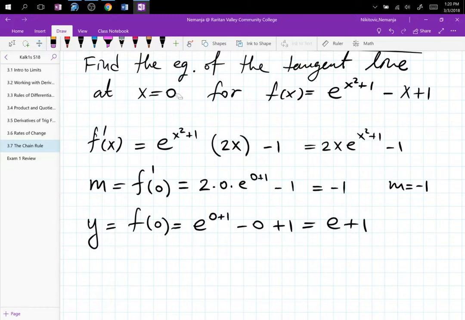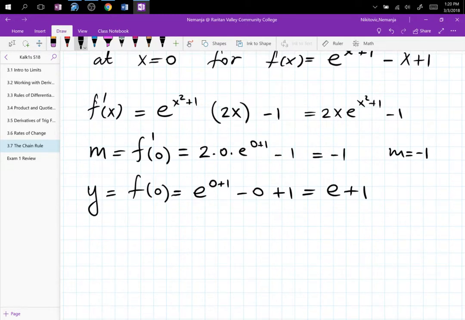E plus 1. That's okay. We can have that. So now what do I have? I have slope is negative 1, and the point is 0, e plus 1. This is like 3.7, okay? Don't let that throw you off. You can find the decimal value for it if you are really interested in finding it.